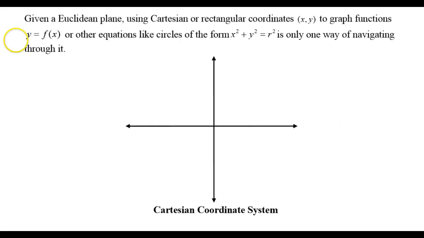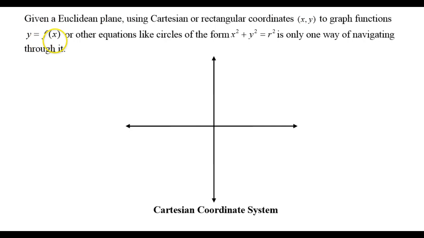Let's begin our discussion on polar coordinates by first reviewing the Cartesian coordinate system. If we're given a Euclidean plane, just a plane in two-dimensional space, using Cartesian or rectangular coordinates is a fancy way of saying graphing functions with x's and y's.